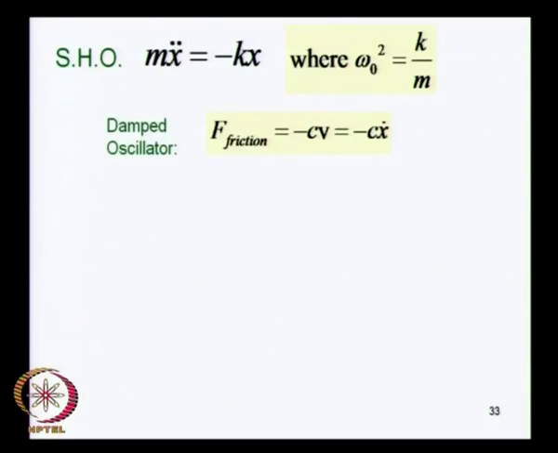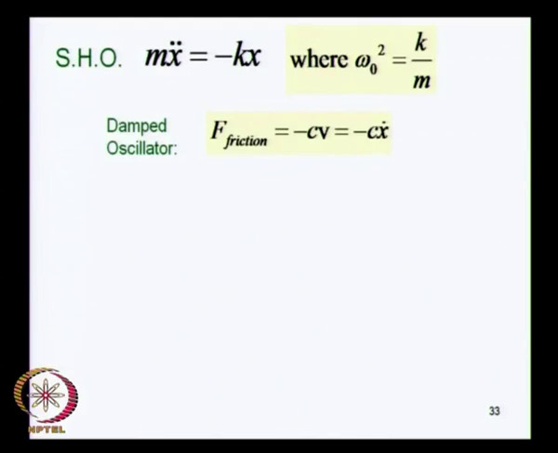Now, in a damped oscillator we consider cases in which, in addition to the restoring force, which is minus kx, there is some other force which we had not earlier taken into account.